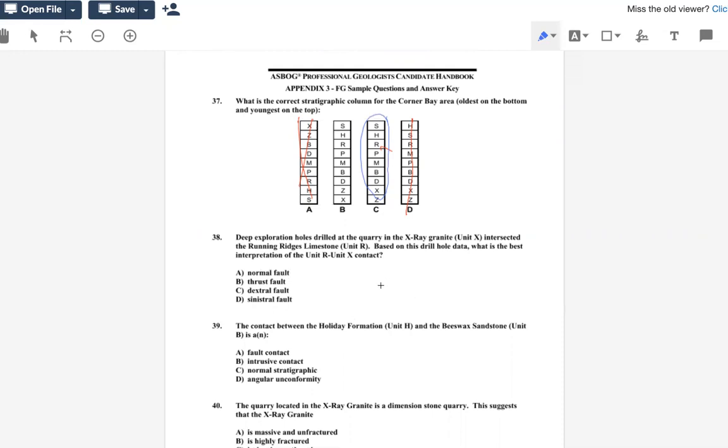So we talked about a normal fault earlier, where we have the footwall that's going up, and the hanging wall going down.